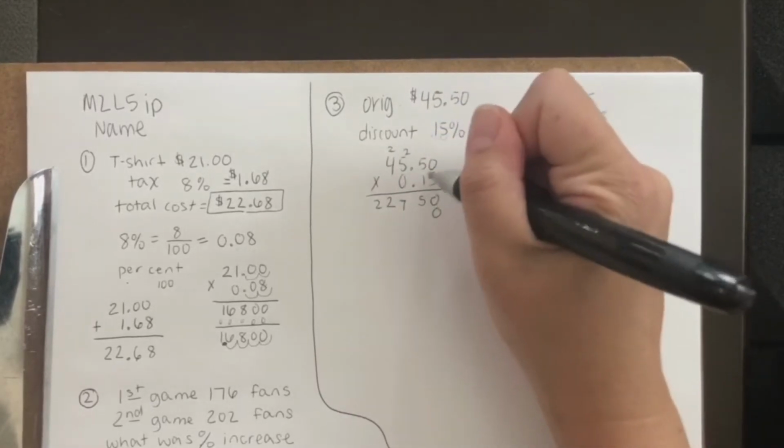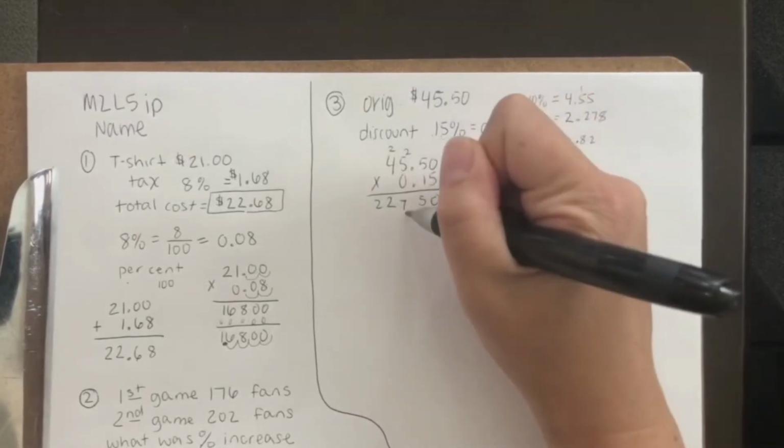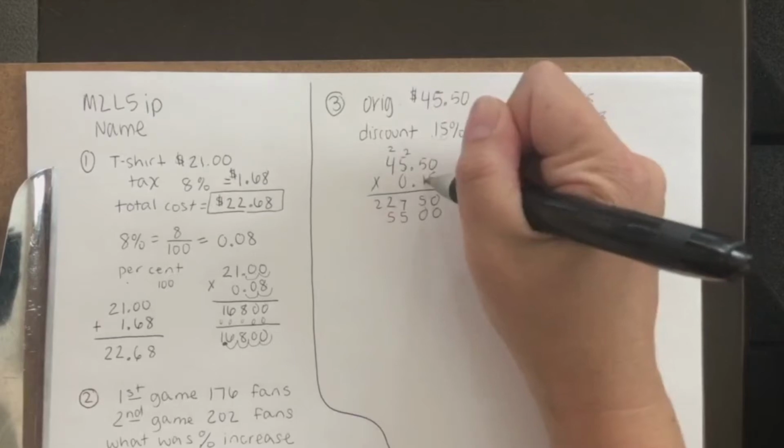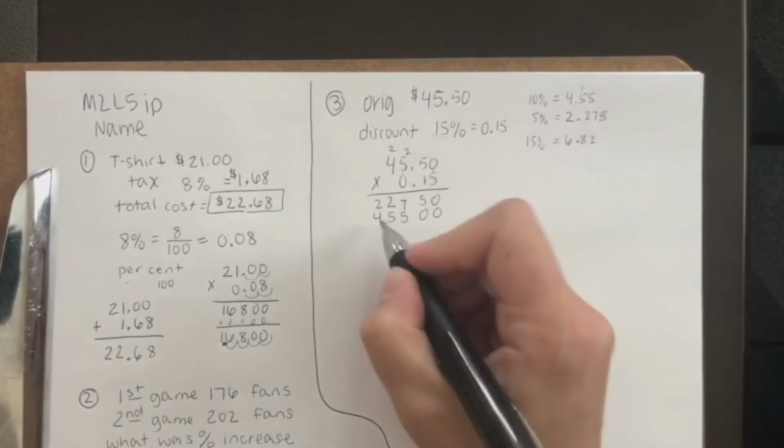Okay, put the 0. 1 times 0 is 0, 1 times 5 is 5, 1 times 5 is 5, and 1 times 4 is 4.